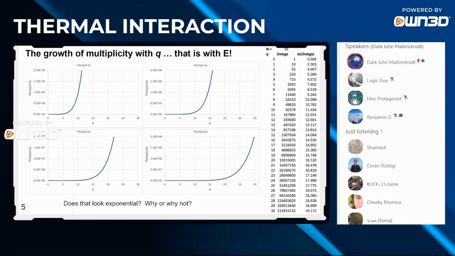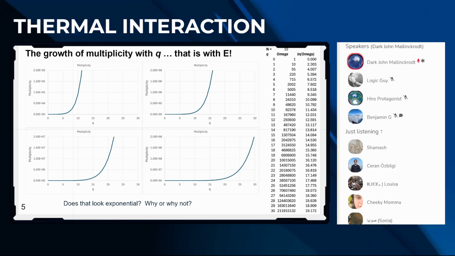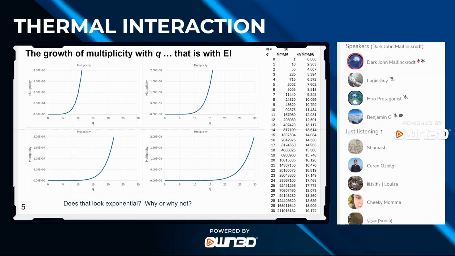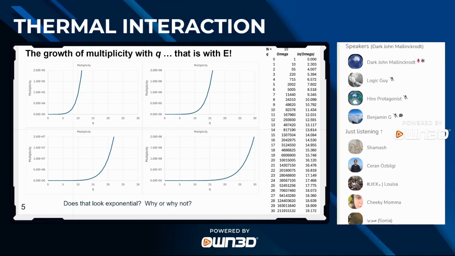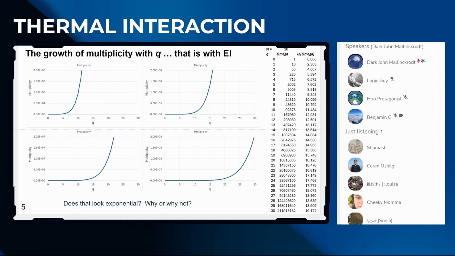So each one of these, I'm just changing the scale on the multiplicity. And what you notice is that no matter what scale I choose, it looks like the multiplicity is basically 0 until you get to some place where it then just takes off. And that should be, for those of you who have any recollection of what you did in school or maybe are practicing scientists, reminiscent of what we call an exponential function.